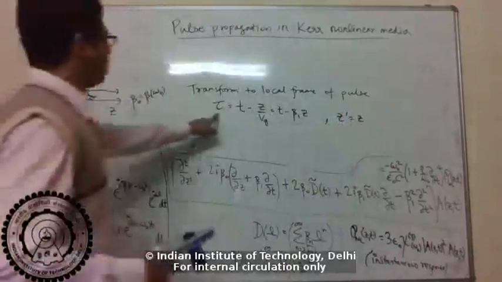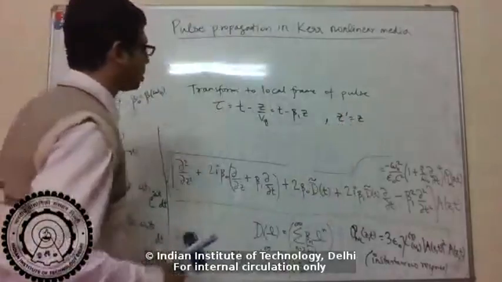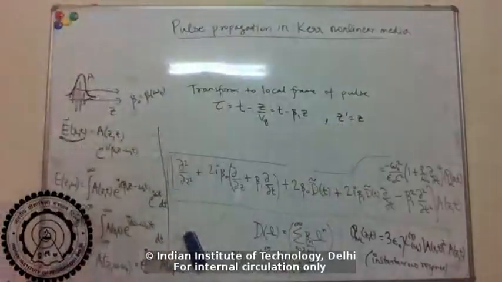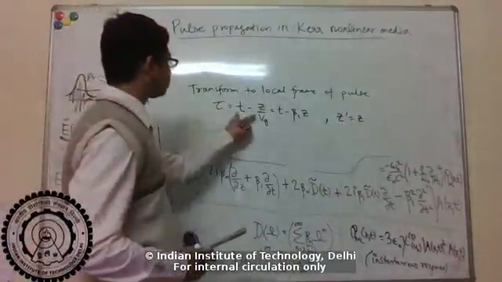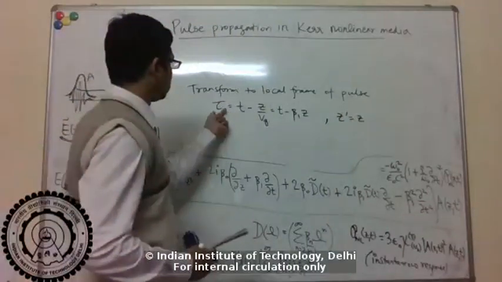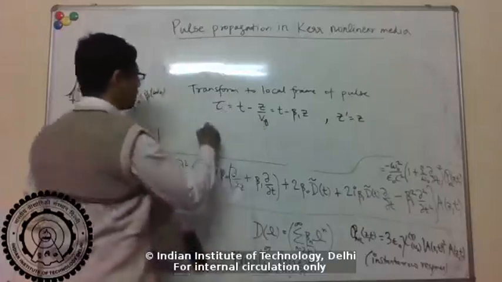Sir, can you explain the mathematical expression of this transformation again? So you can write this as z prime equals z, and tau equals t minus z over vg.